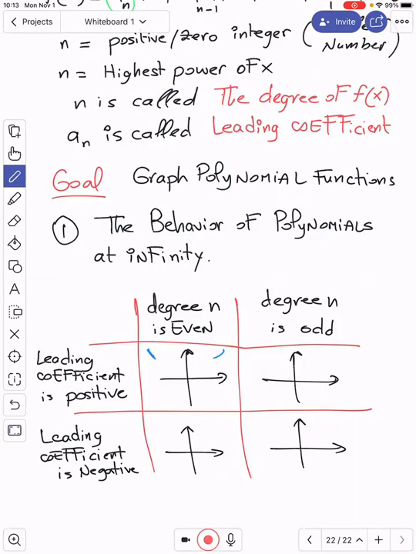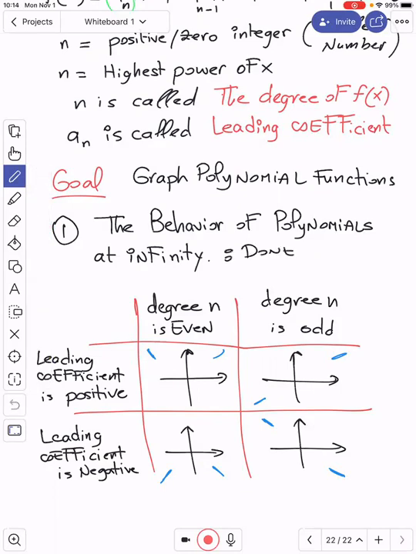When the degree is even and the leading coefficient is negative, we're going to have something which looks like this. Degree odd and leading coefficient positive, something like this. And the last case, degree odd and leading coefficient negative, you start from the top right here and end up in the bottom here. This was discussed last week.